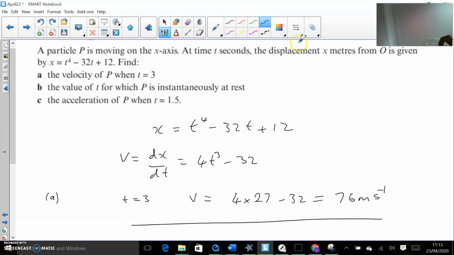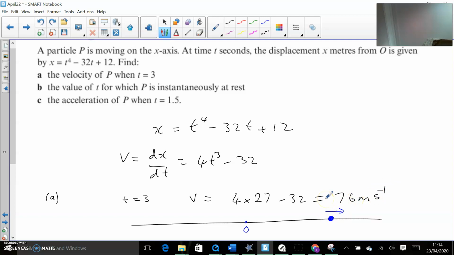If we draw a line and make that the x-axis with O there, we have V is positive, so wherever the particle is, it could be anywhere. We make the particle there, then V is positive, it's going that way.